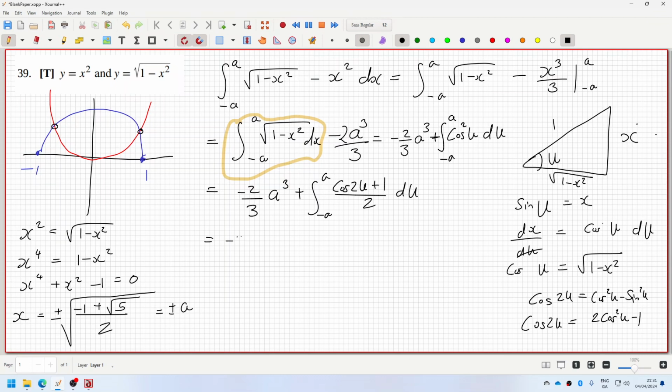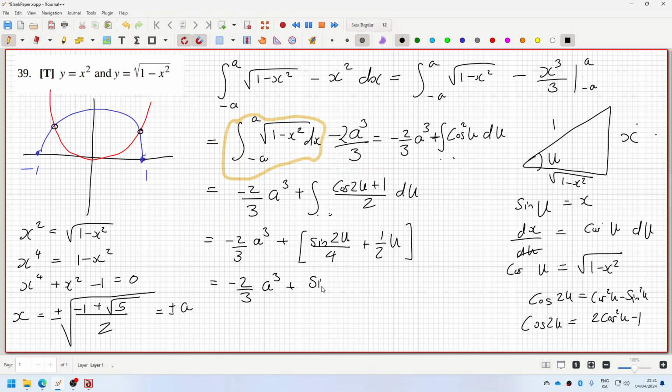So integrating that, that would become sine 2u over 2, which is sine 2u over 4, plus a half u. And I've integrated. But I need to change the limits actually, because they're not a's when you have a different variable. That's 2 sine u cos u.